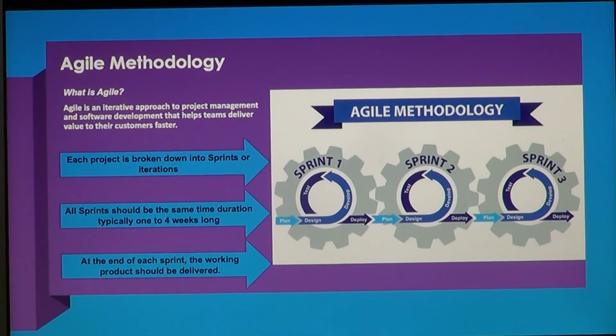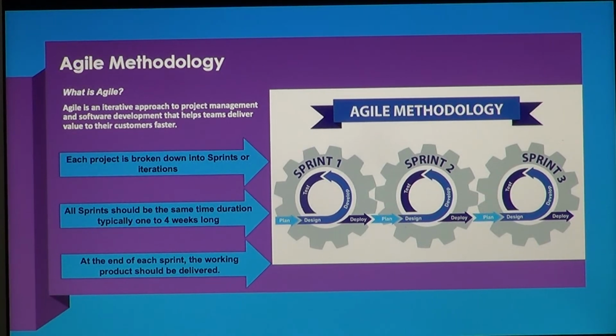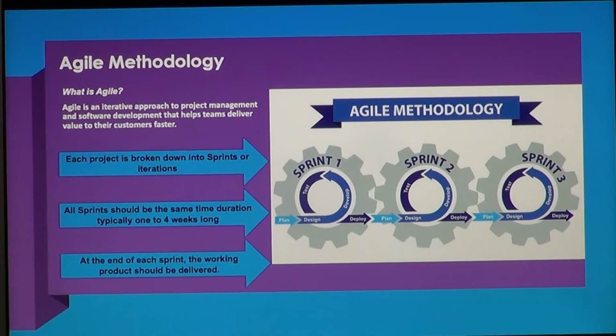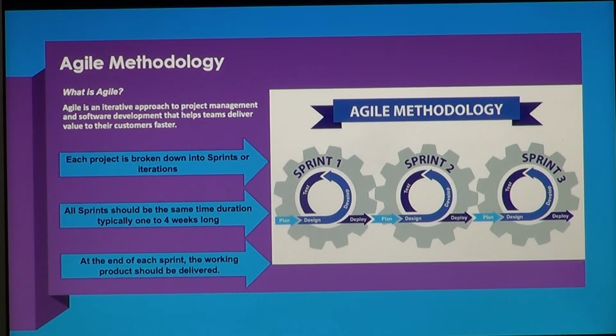Now, Agile methodology. So first we will discuss what is Agile. Agile is an iterative approach. A very simple answer is that it is an iterative approach, which means the project is delivered sprint-wise. Here the diagram is showing sprint-wise delivery: sprint 1, sprint 2, sprint 3.